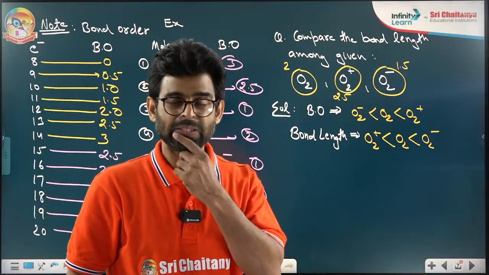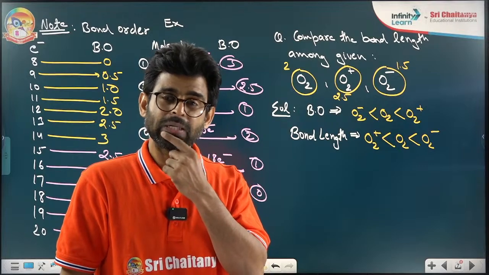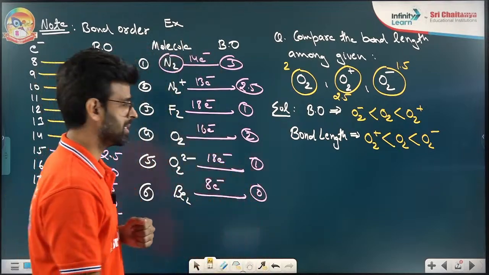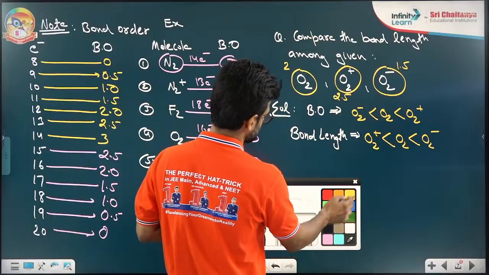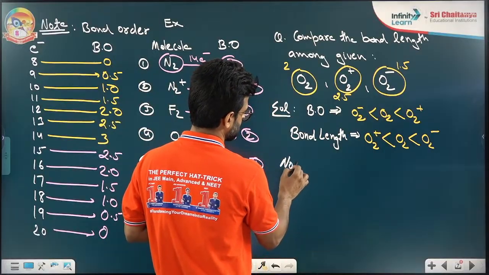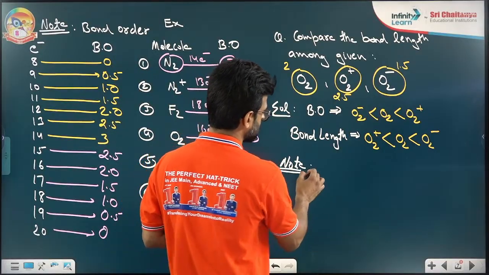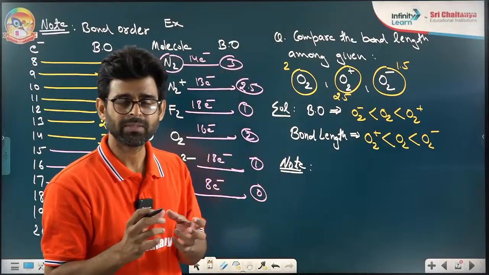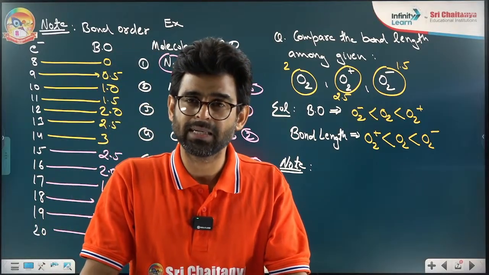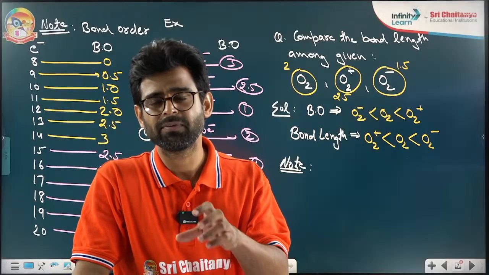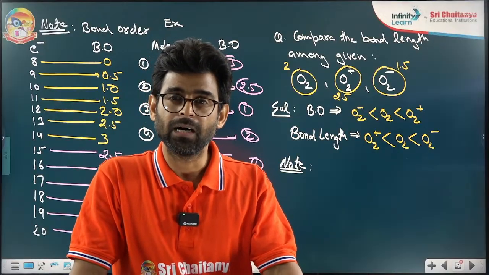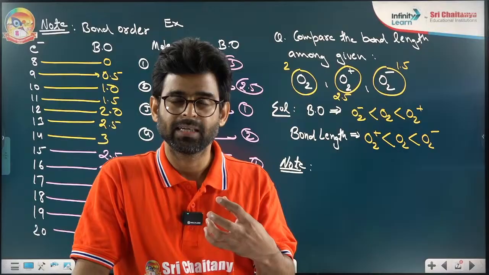Right answer. So now, what question did they ask in the NEET exam this year? A very easy question. Definitely, if the number of bonds between two atoms is increasing, the stability will increase.